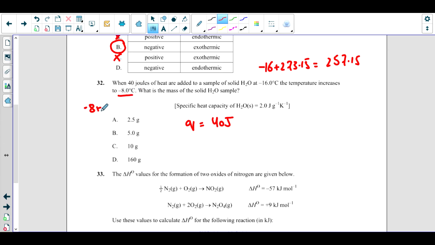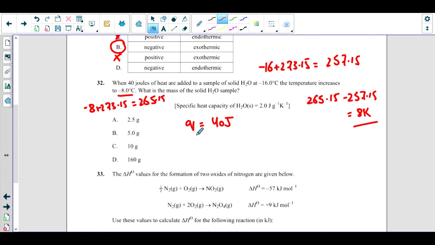Negative 8 plus 273.15 will be around 265.15. 265.15 minus 257.15 is how much? 8 K. Even if you do it in centigrade, it will be the same, but there is some risk of mistake with the negative sign. The temperature increases, so 8 K, it's better to do it like this.